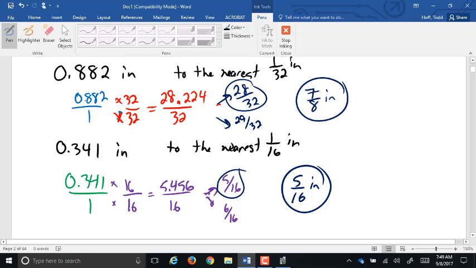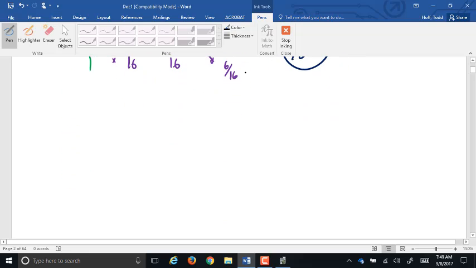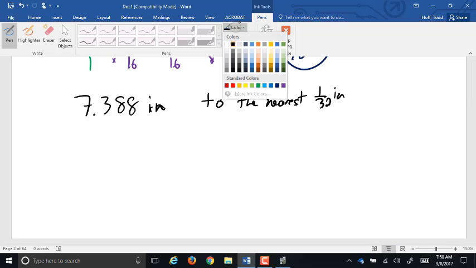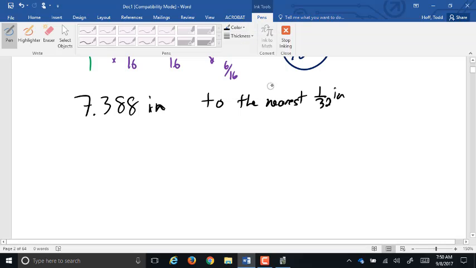What if we have something like this, 7.388, and we want the nearest 32nd of an inch?